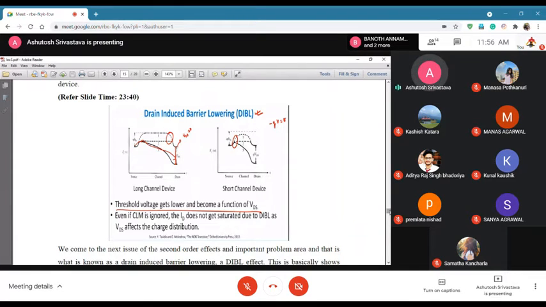So we talked about velocity saturation in short channel and long channel. Another important factor when we are scaling down is the drain induced barrier lowering.